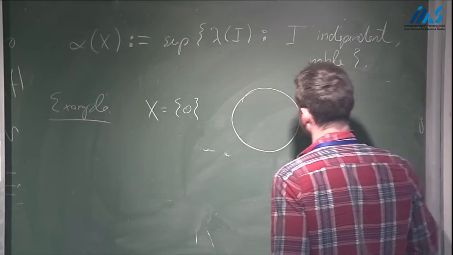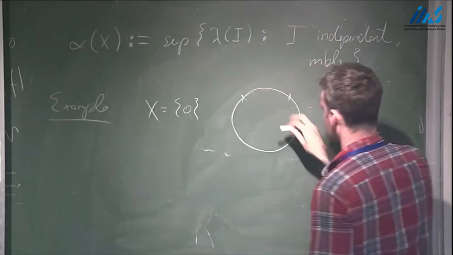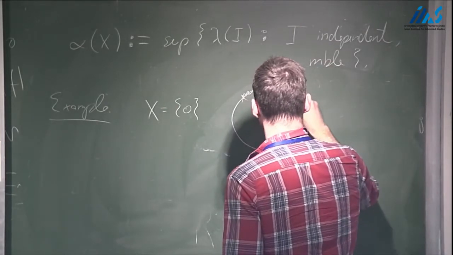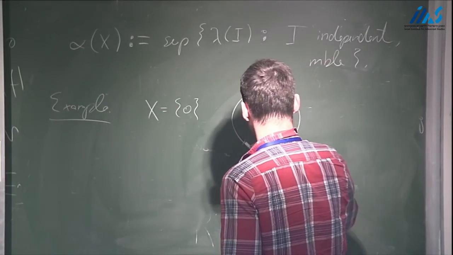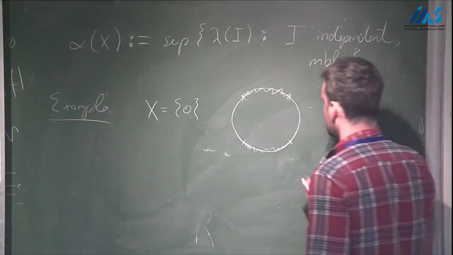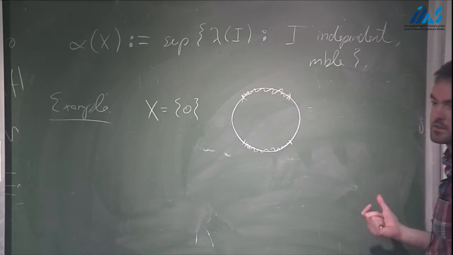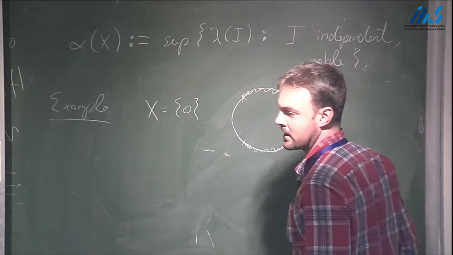So what can I do? I can take an open arc of length 1/4 and all the antipodes. And this is a set. No 2 points in this set will make inner product 0. And how much of the circle have I got? I've got a half.